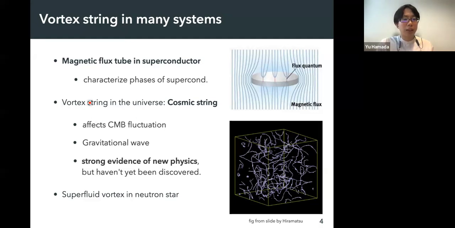And also we can consider such an object in the universe, which is called a cosmic string. The cosmic string sometimes affects the CMB fluctuation, or this can be observed by gravitational waves in principle. And this is strong evidence of new physics, but they haven't yet been discovered so far. On the other hand, in the astrophysical context, there is a superfluid vortex in neutron stars. This is also an example of a vortex string.